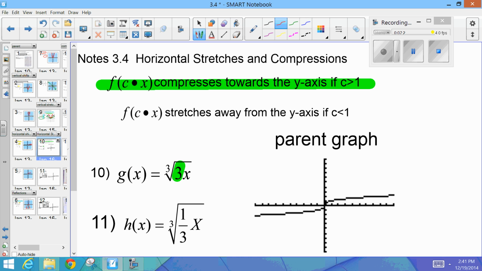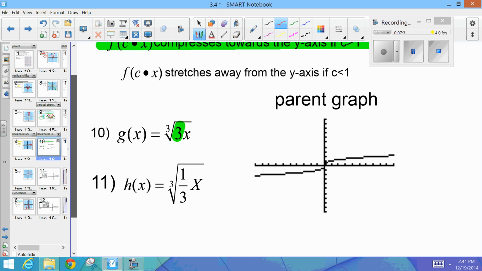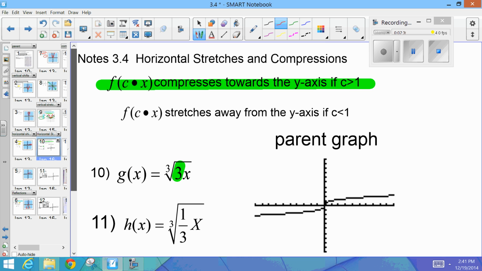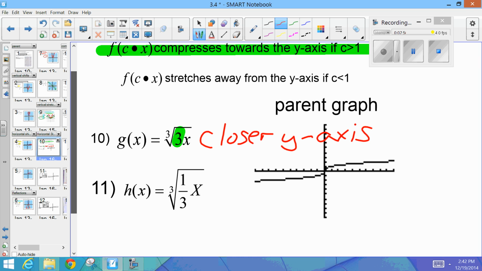All right, let's see. So that means, hold on. I've already got these actually shown out in the graphing calculator very specifically, so you don't have to deal with my bad handwriting when you look at these. So this one, let's just say this, is going to be closer to the y-axis than the parent function that you see, okay?